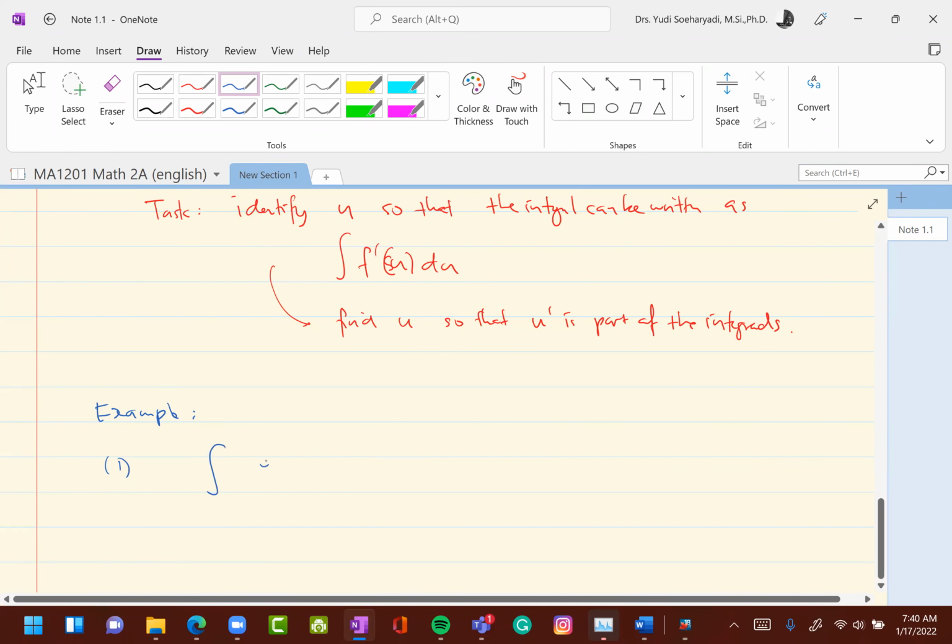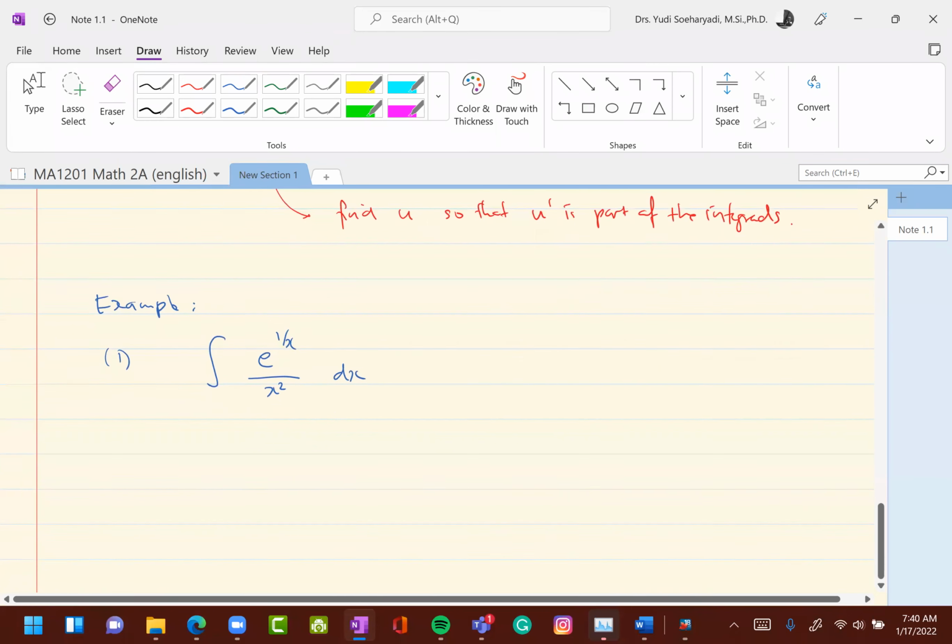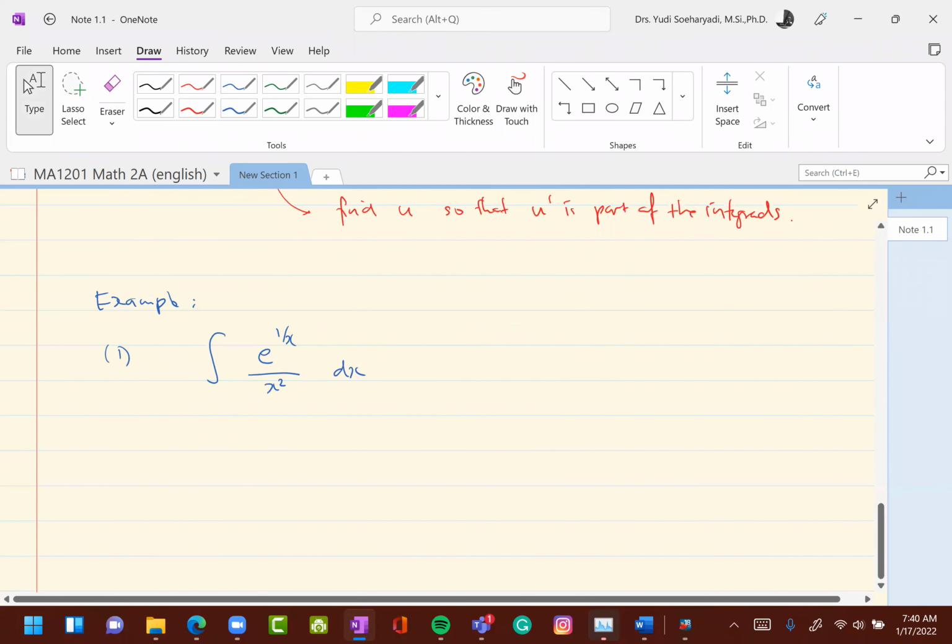Compute this one. So in this case, there are two options. First, let's do this here. What do you mean two options? Well, the options are taking u equals 1 over x or u equals x squared.